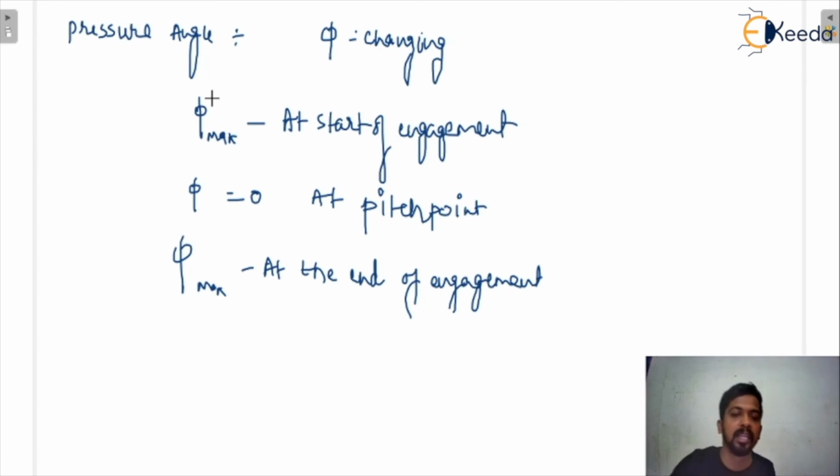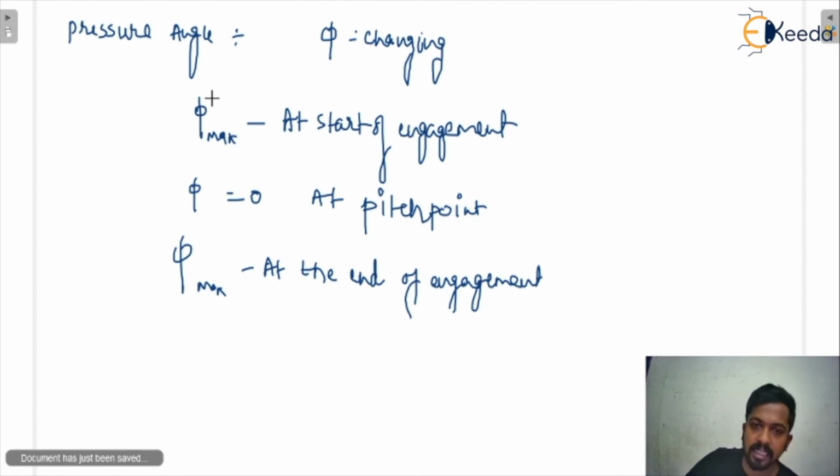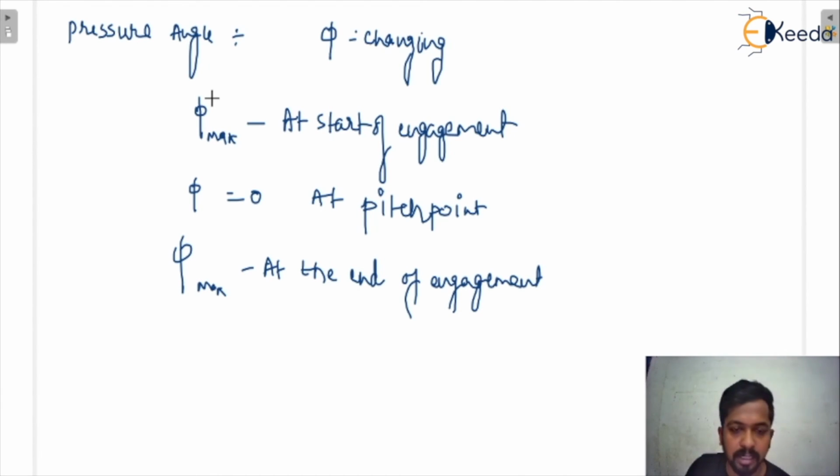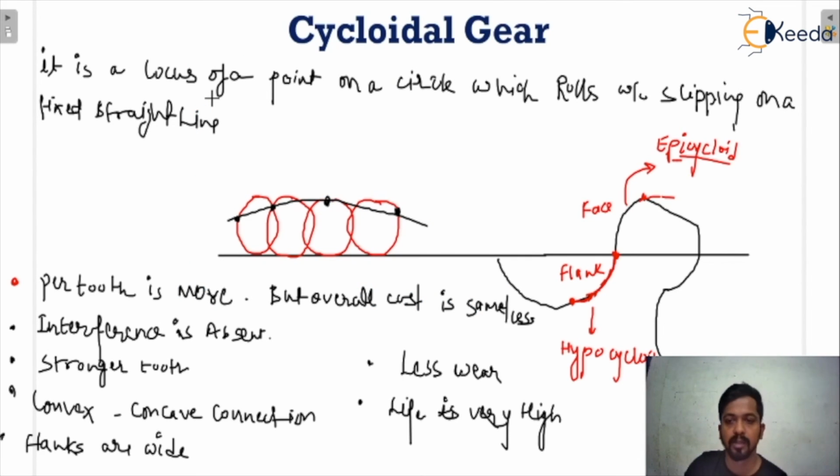This is the maximum value, and at the pitch point it will have 0 value. That means it decreases, and again increases up to the maximum value at the end of the engagement. So I hope you are understanding. That is about the cycloidal gears, which is important from the theoretical point of view. Generally, certain points are important that you must know, which I already wrote here. Okay, so thank you.